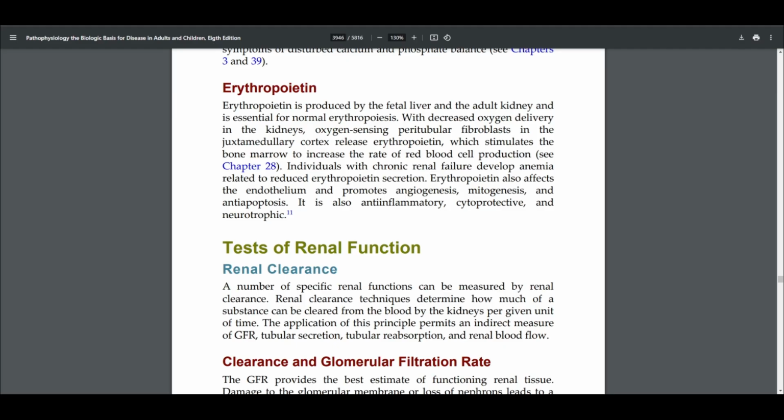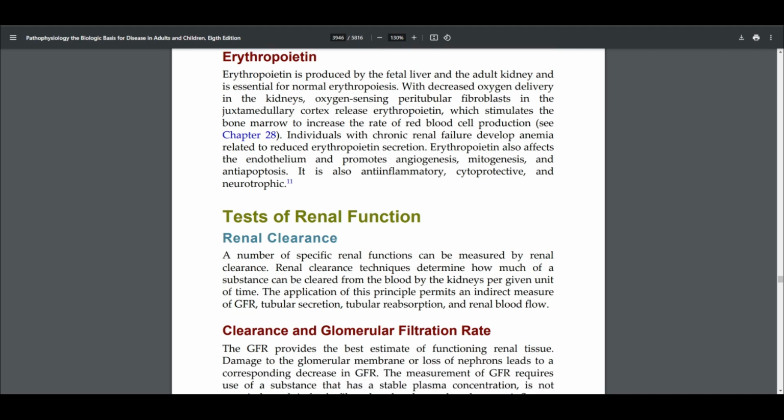Individuals with chronic renal failure develop anemia related to reduced erythropoietin secretion. Erythropoietin also affects the endothelium and promotes angiogenesis, mitogenesis, and anti-apoptosis. It is also anti-inflammatory, cytoprotective, and neurotrophic.